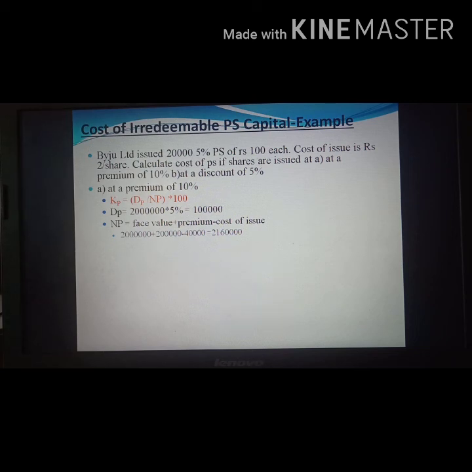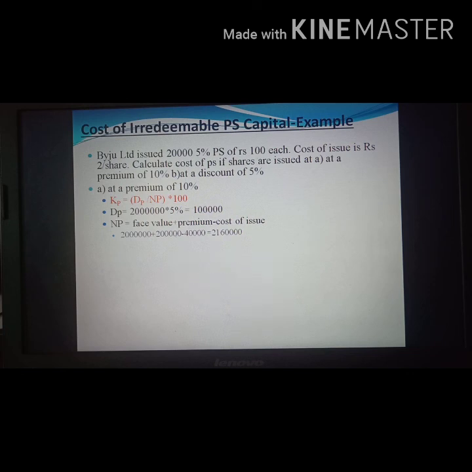So 10% of 20 lakh is 2 lakh, so we will get 20 lakh plus 2 lakh, that is 22 lakh. But definitely we need to deduct the cost of issue, that is rupees 2 per share. Altogether there are 20,000 shares, so rupees 2 per share means the total amount will be 40,000.